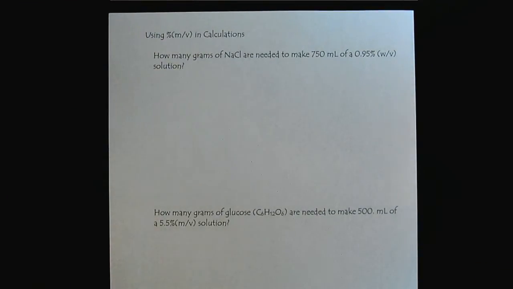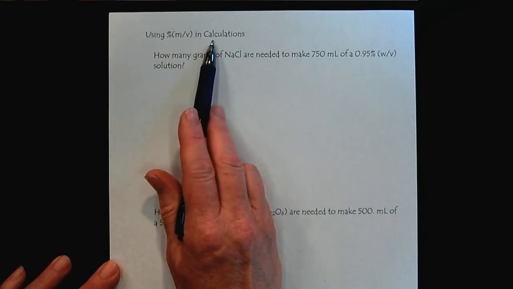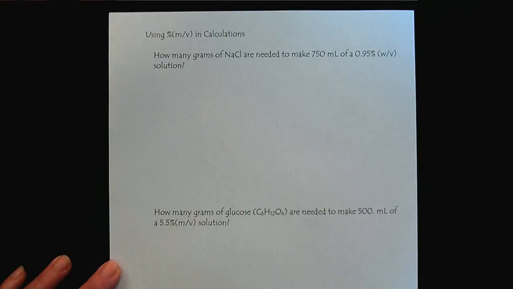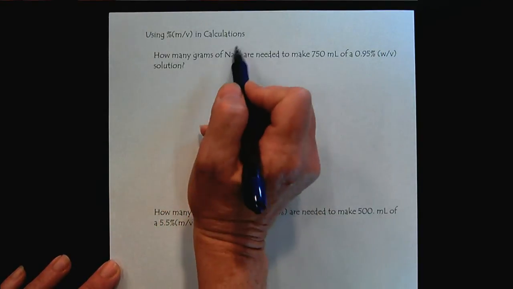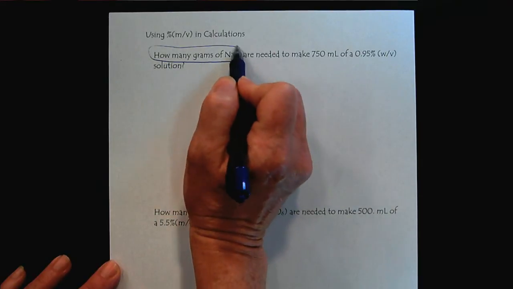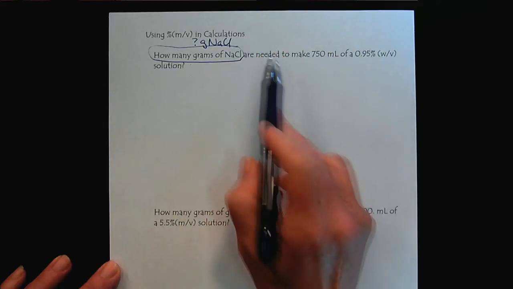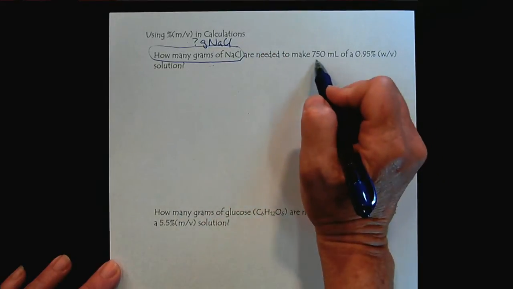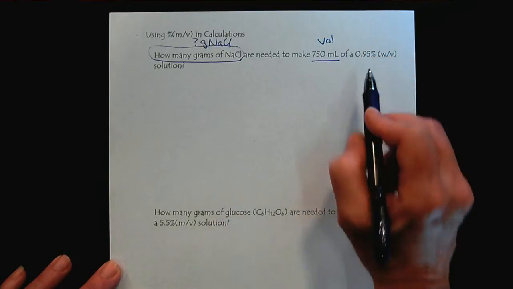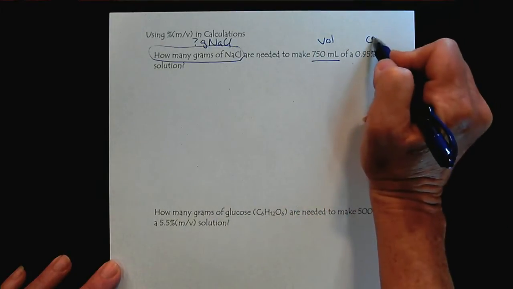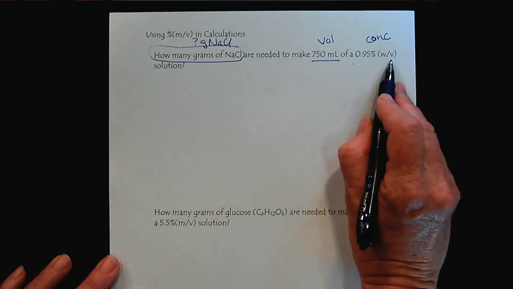Okay, so here we have examples where we're given the percent mass volume and we need to use that in a calculation. For example, how many grams of sodium chloride, so this is what we're trying to calculate, are needed to make 750 milliliters, there's a volume, of, here's our concentration, 0.95% weight over volume.